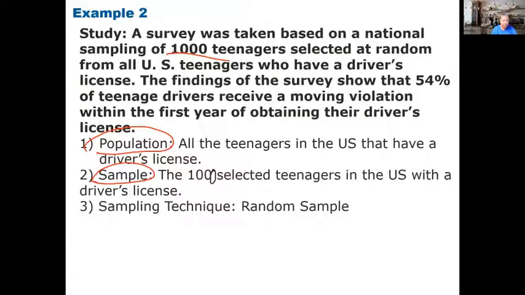And what was sampling technique? Yeah, this is random sample. They didn't really initially divided any group. It's just any teenagers who lived in USA and who obtained the driver's license, and then they randomly sample 1,000 teenagers within the category.